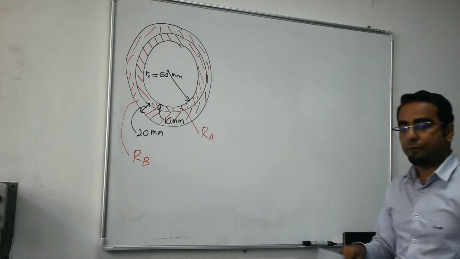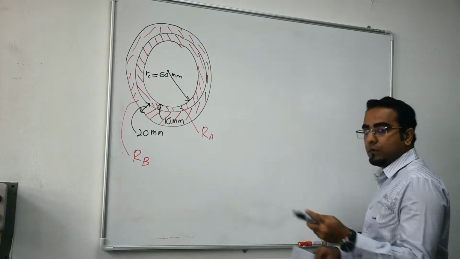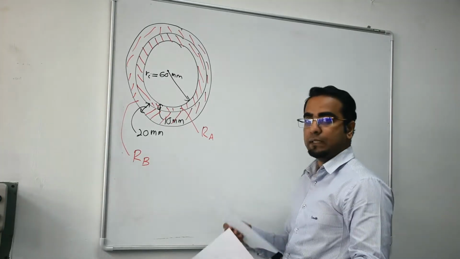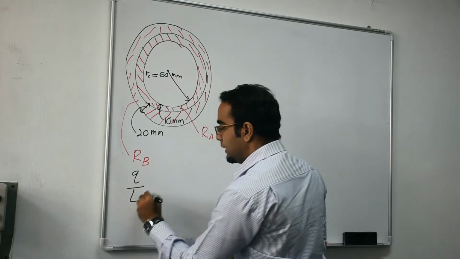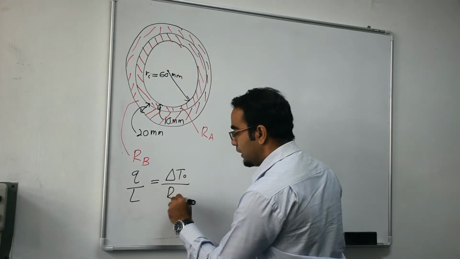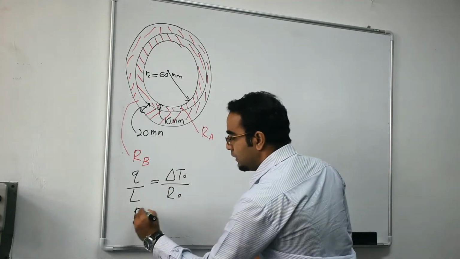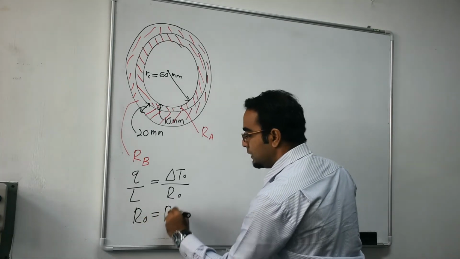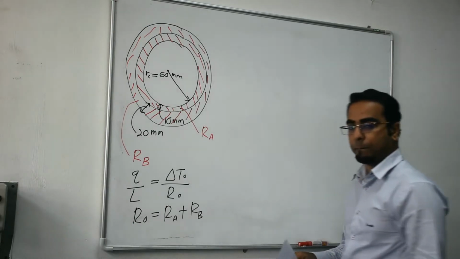So since we have two layers, RA and RB, we will be using the equation for multi-layer tube, which is Q over L is equal to delta T overall over R overall. To calculate the value of R overall is going to be RA plus RB.